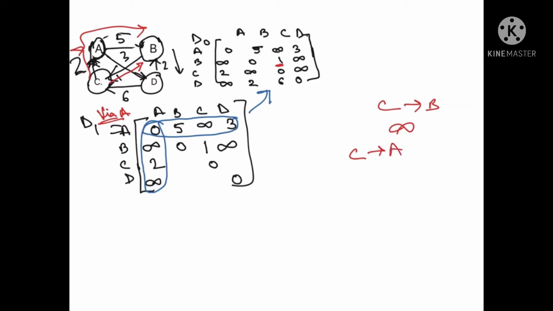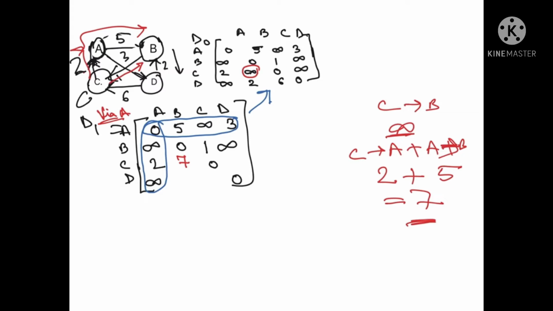Look, C to A plus A to B. So C to A is what? 2 and plus this is what? 5, which is equal to 7. So infinity and 7. So this will change. This will become 7 over here. Okay. Clear? Now the next thing, C to C is 0 only, no problem.